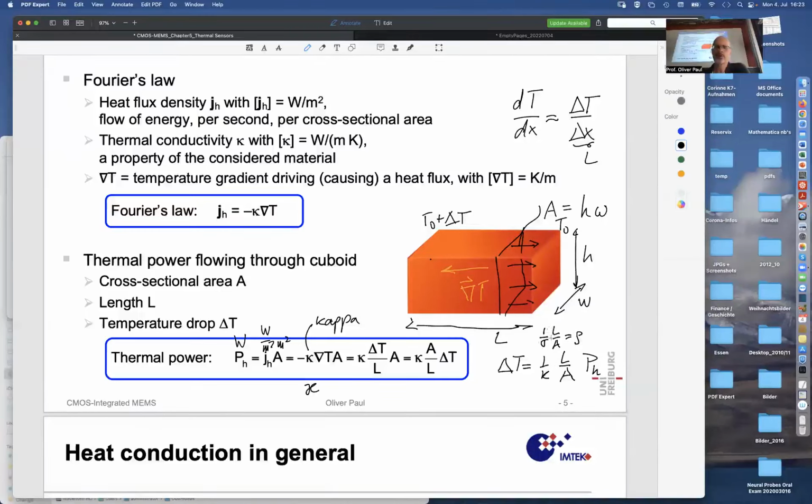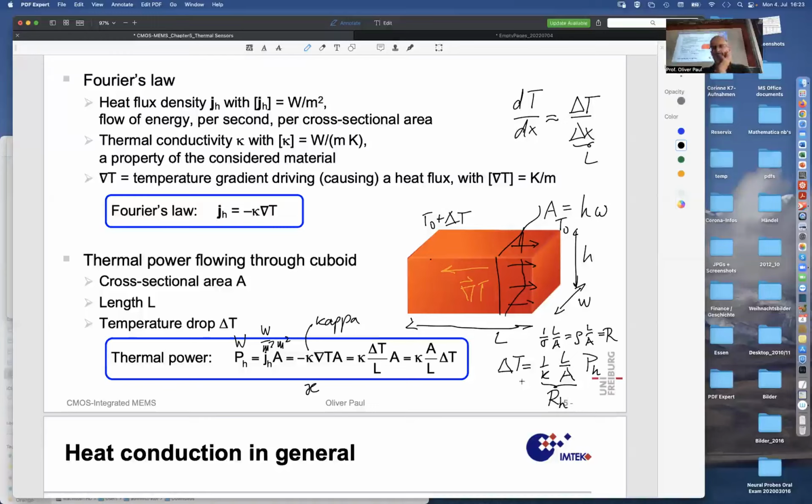The inverse of the electrical conductivity is the specific resistance, the resistivity, rho, times L over A. And so this is what we usually call the resistance of a resistive block of material. So indeed, this object here is a thermal resistance, heat resistance.